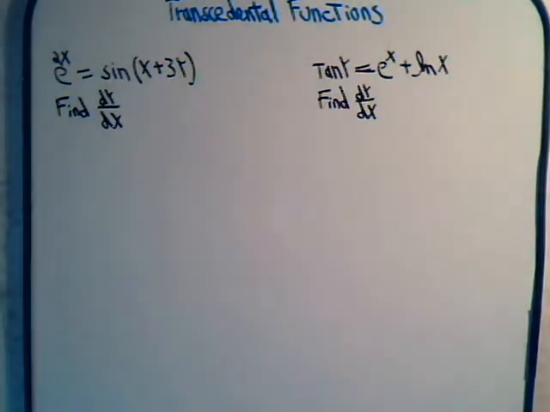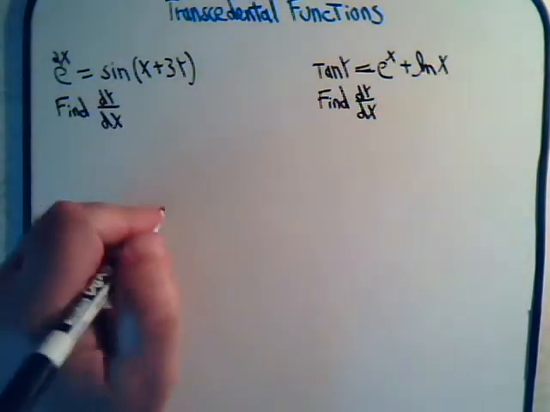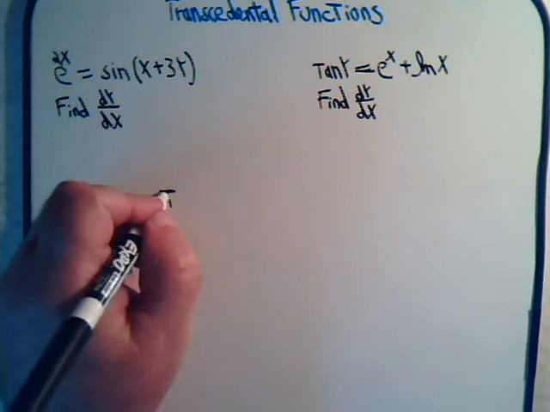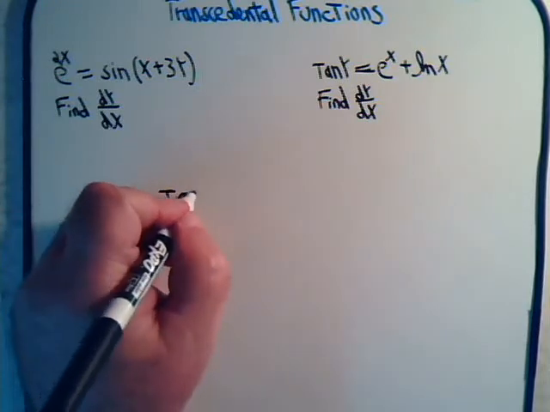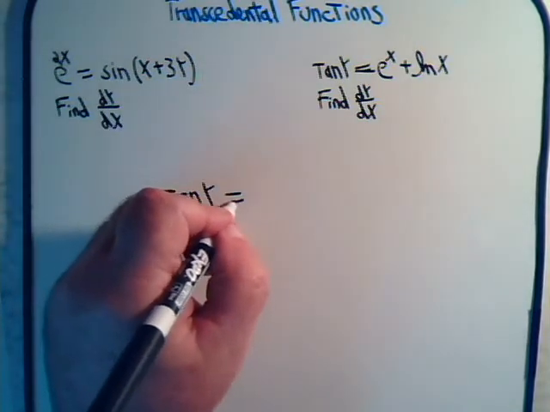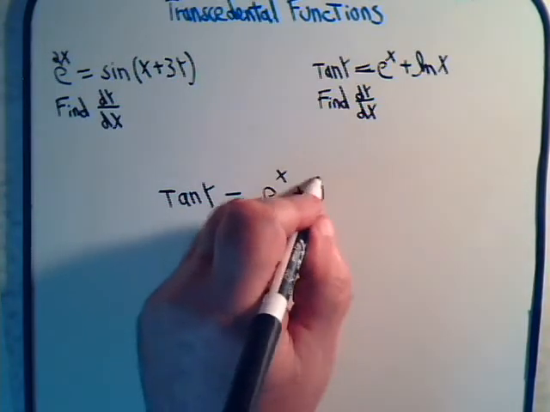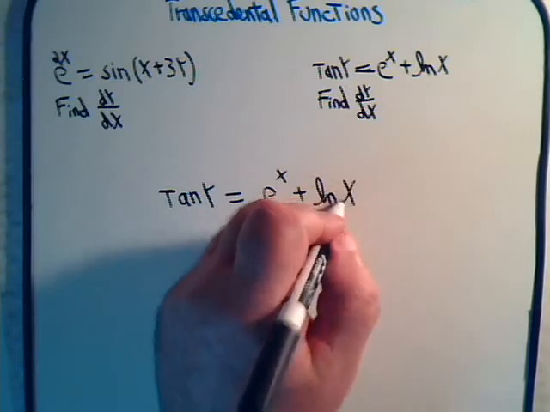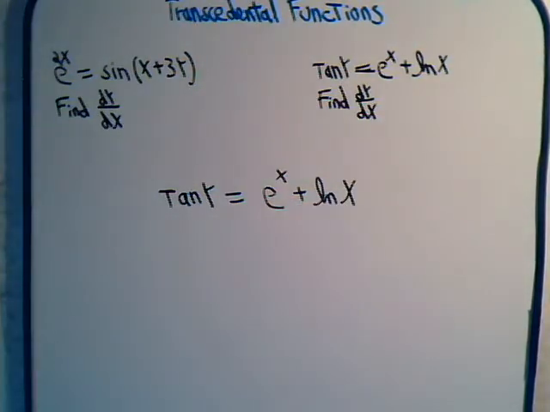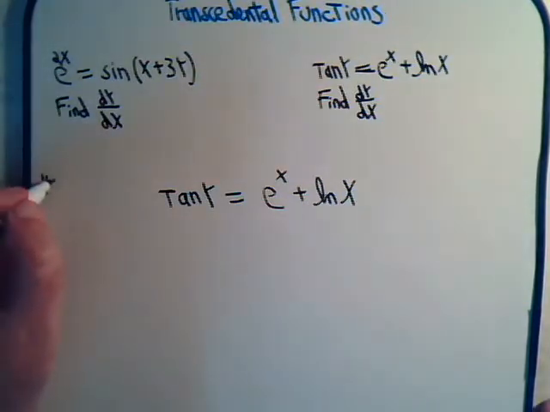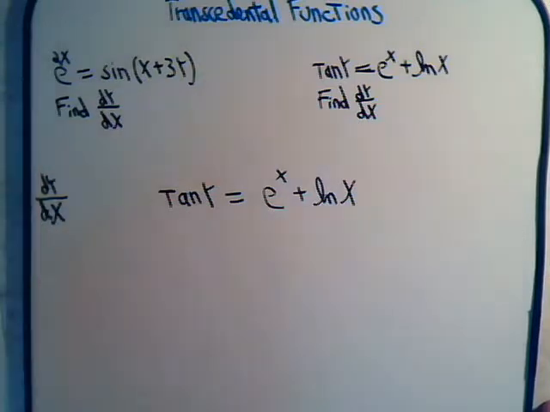Alright, we have the tangent of y, and that is going to equal e to the x plus the natural log of x, and we want to find dy/dx. So again, taking the derivative of both sides of the equation with respect to the variable x.